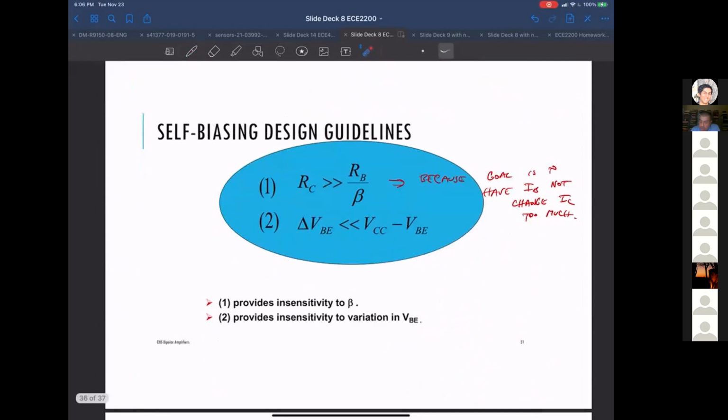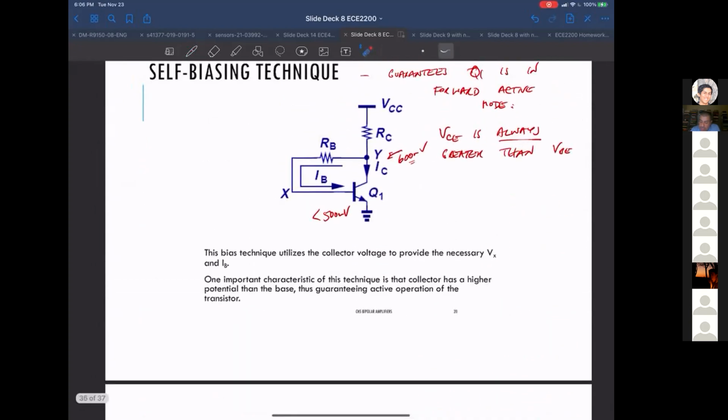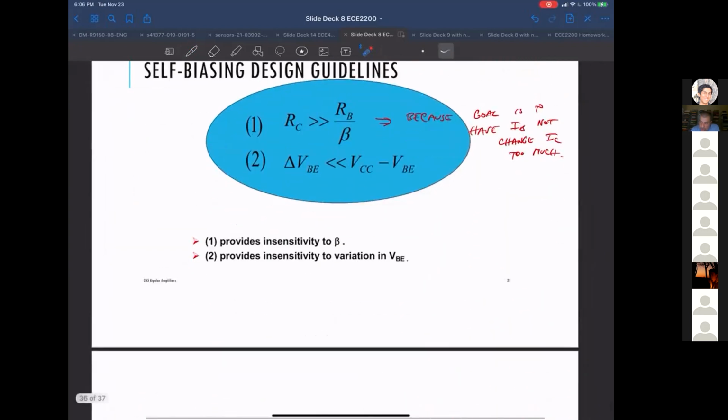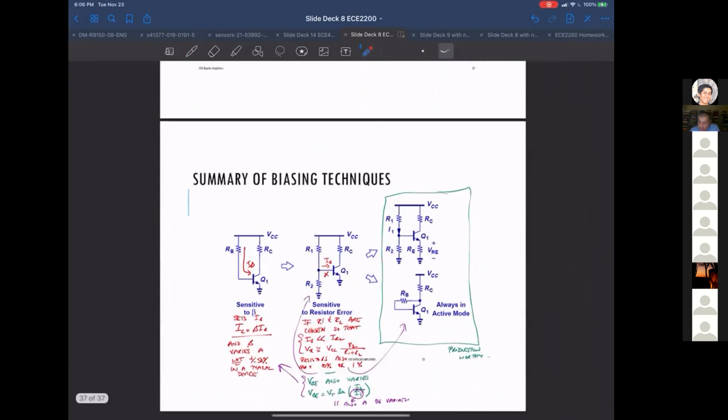You also want to make sure your VCC is high enough that this device essentially stays on. So doing all that is good. These are the two options for biasing.